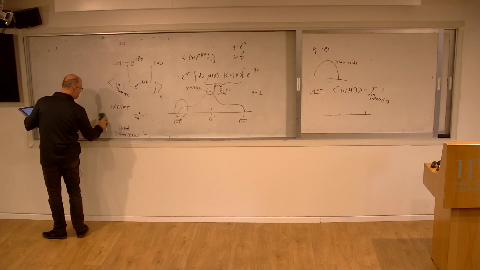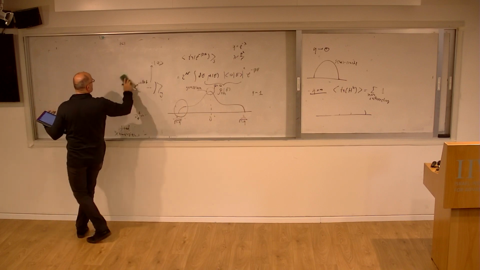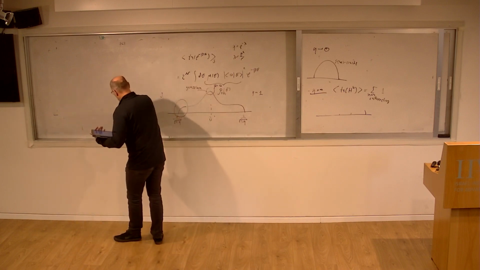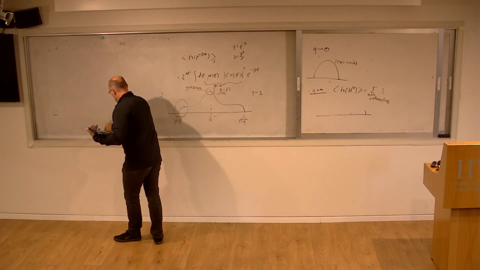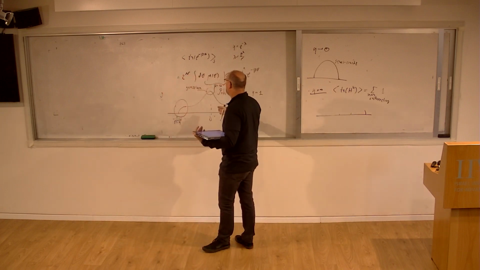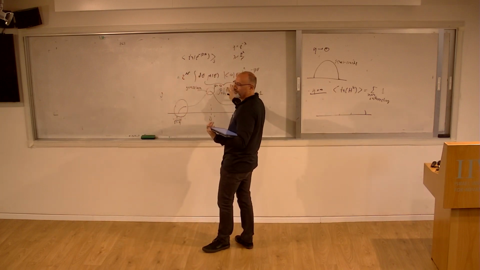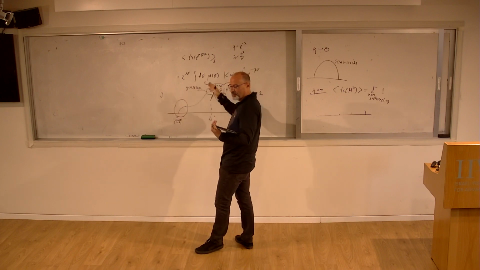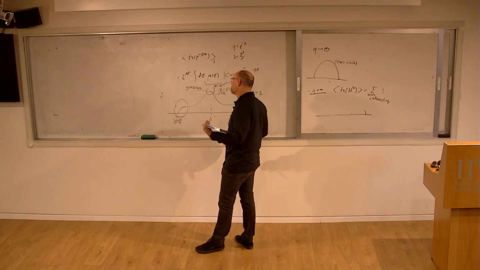Look, I mean, at this point you have to choose. You could say, okay, this is not gravity, and I'm not interested in it. It's something else, non-universal, and so on.